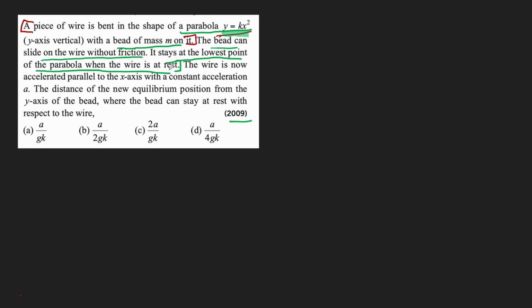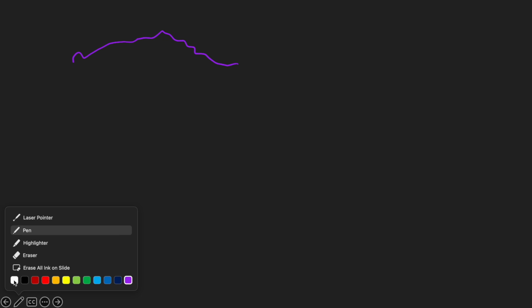Let's first understand. Let's first put it into a picture till this. Okay, so what we have is a piece of wire. Let this be the wire, and this wire is bent in the form of a parabola.